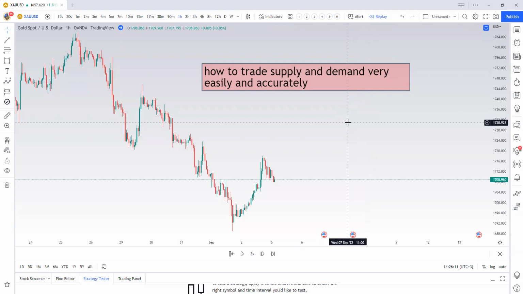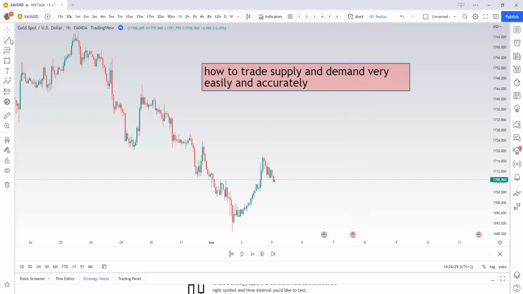Okay, so the first thing that I want to tell you is that supply and demand levels can be different. You need to look for levels that have made imbalances when they moved.